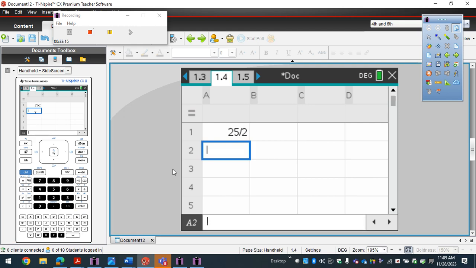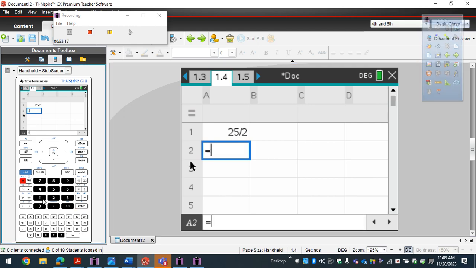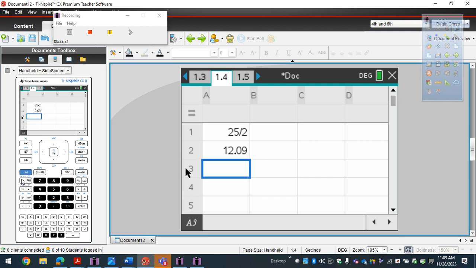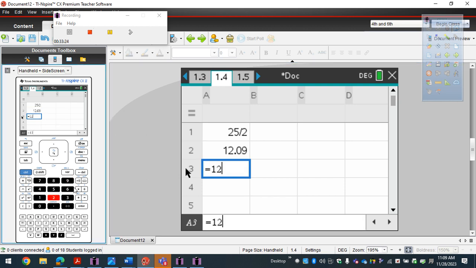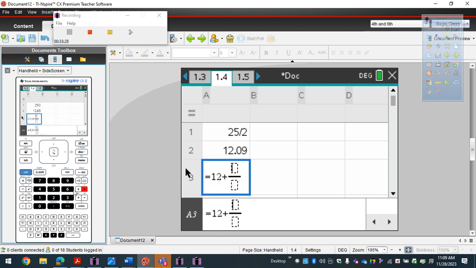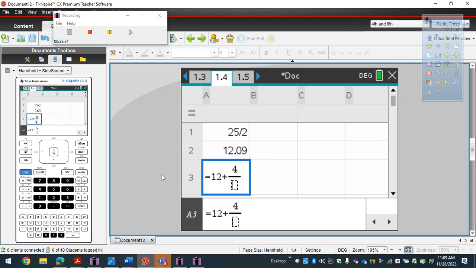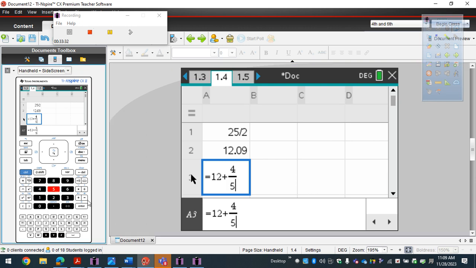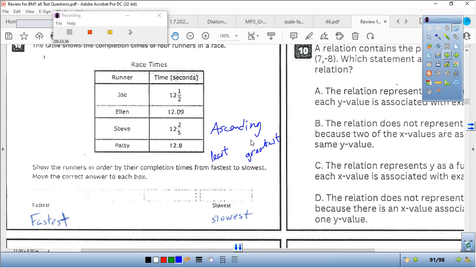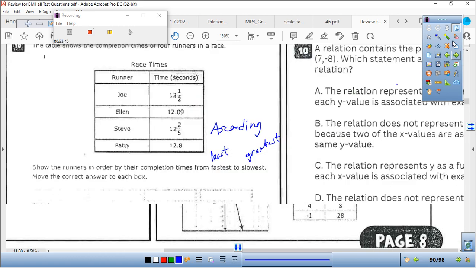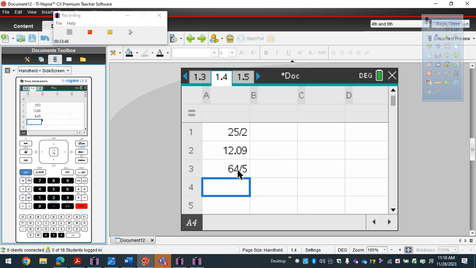And here we're going to go with equals 12.09 and equals 12 and 4 over 8. I mean, my bad, 4 over 5. Let me just double check that real quick. 4 over 5, right? Oh, 2 over 5. And then 0.8. 2 over 5 and 0.8.